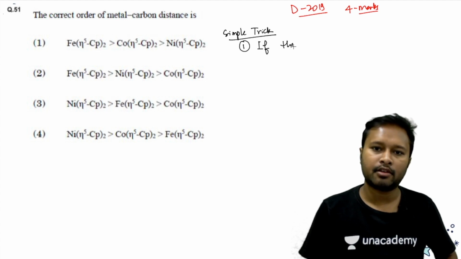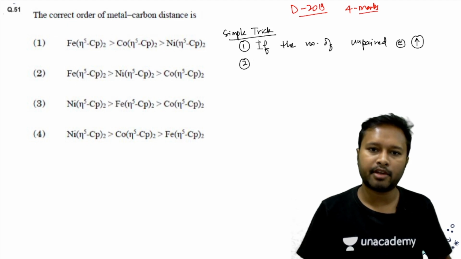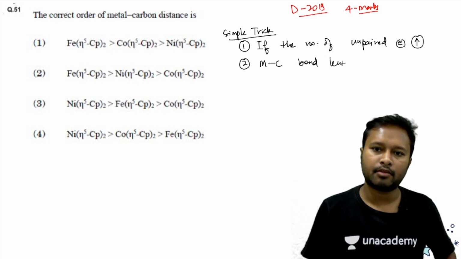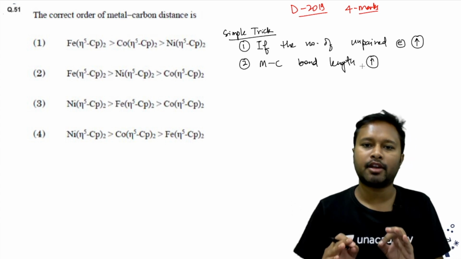If the number of unpaired electrons increases, in that particular case metal carbon bond length also increases.